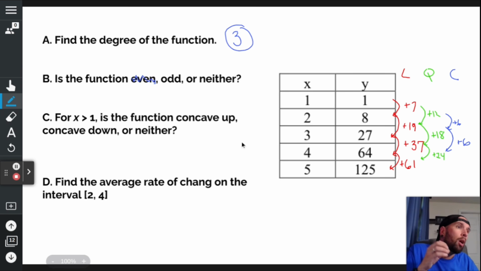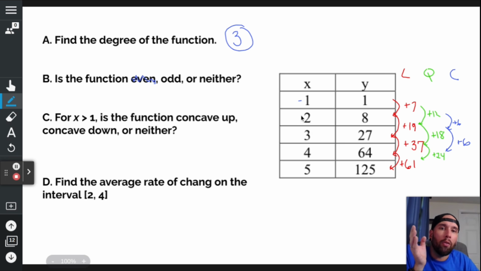So the test for something being odd is if I were to make u negative and plug it in, do I get the opposite output? If I take -1, it looks like what we're doing every single time is taking our number and multiplying it by itself 3 times.